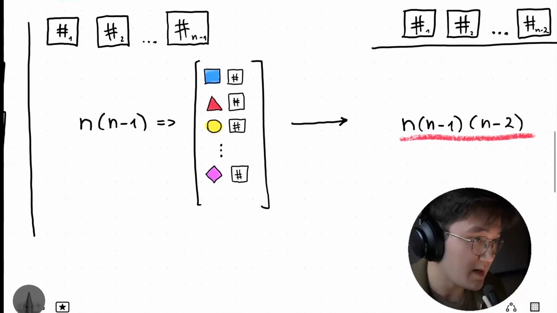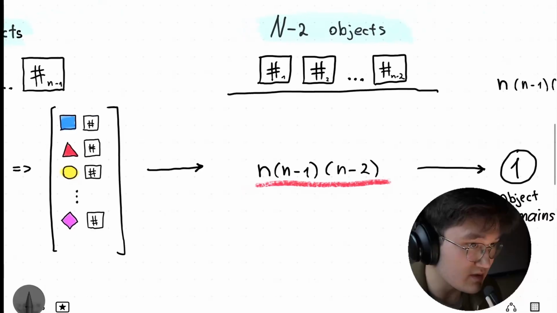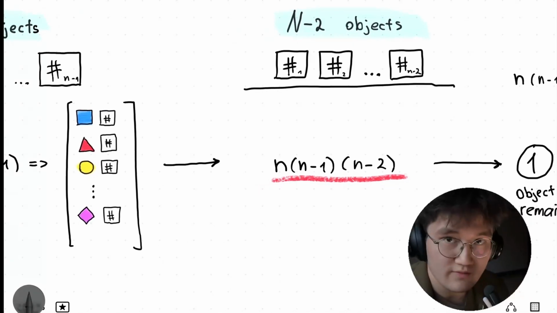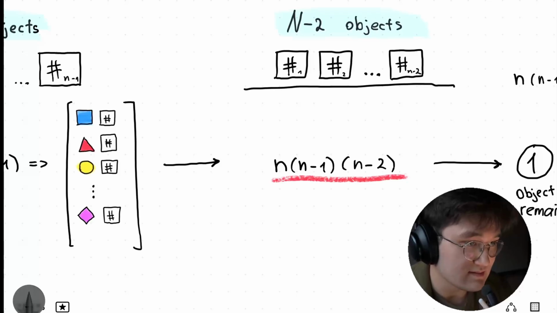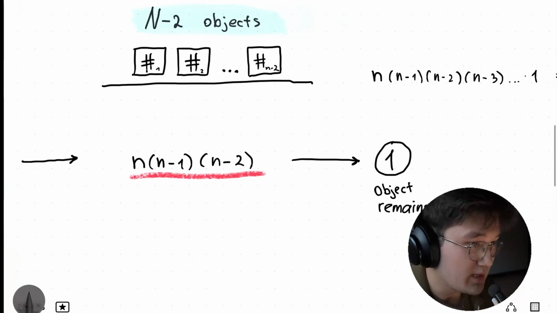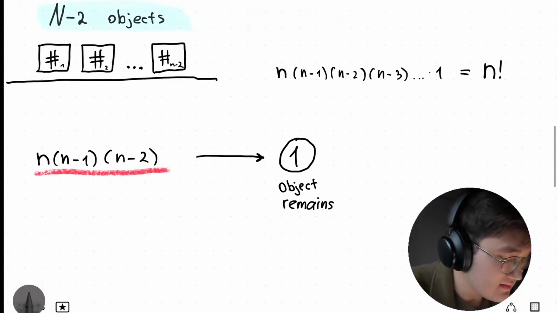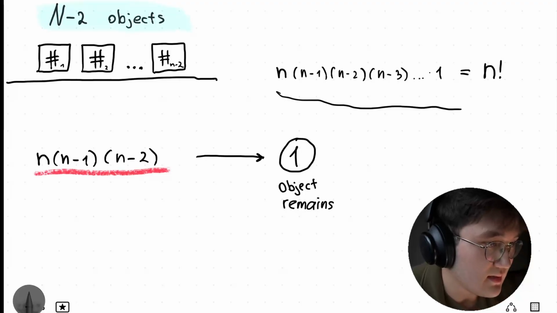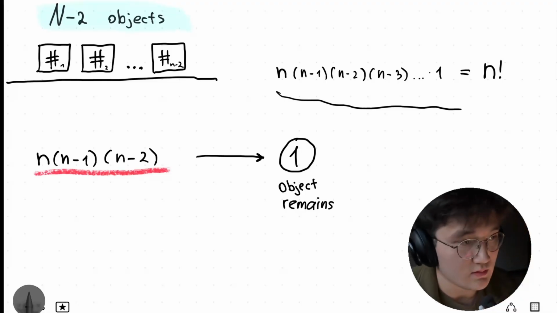Then n minus 2 objects remain for the third position because we have already used 2 objects. We continue this process until 1 object remains, and this entire product is what we call factorial. Now we understand where the factorial formula comes from.